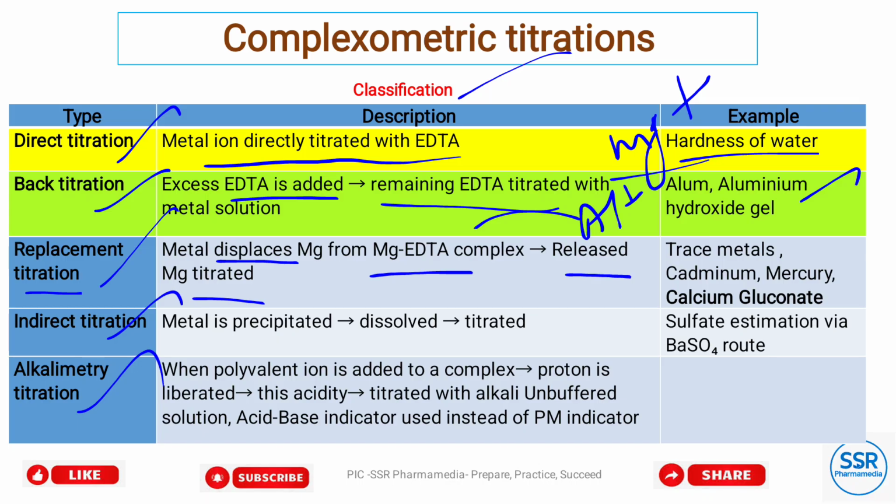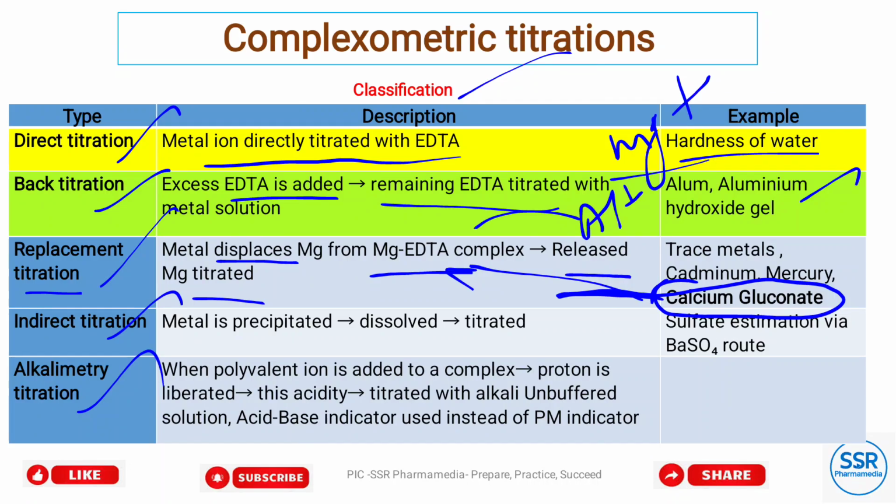In replacement titration, a metal displaces magnesium from the magnesium EDTA complex and the released magnesium is titrated. Replacement titration is used mainly for calcium, cadmium and mercury, especially calcium gluconate. Calcium ions are estimated using replacement titration. The reason is that calcium reacts very poorly with this indicator, and it forms a stable complex so that it is very difficult to react with EDTA for the estimation.